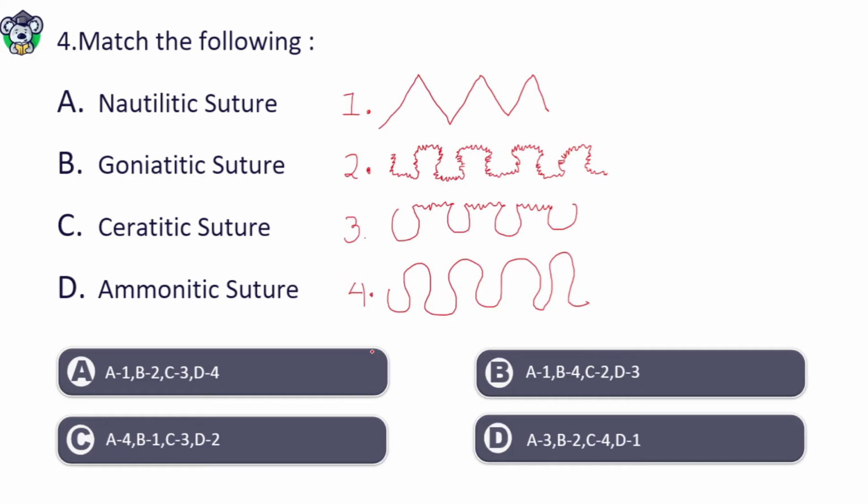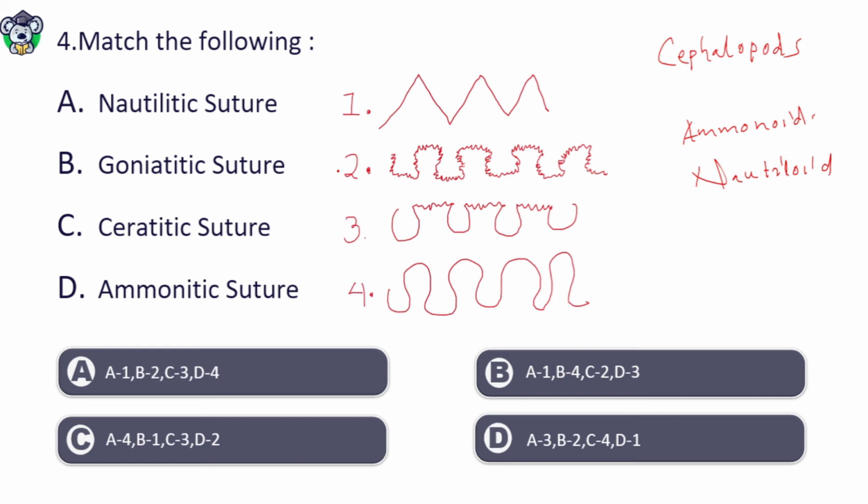Match the following. These are the suture patterns that are found in cephalopods. The suture patterns develop in the cephalopods, those are ammonoids and nautiloids. So you have to match which suture pattern is which type.